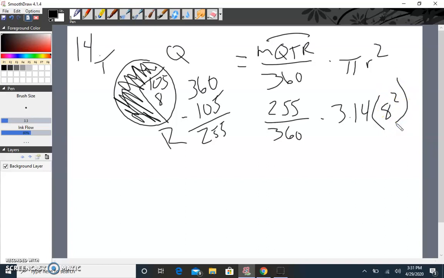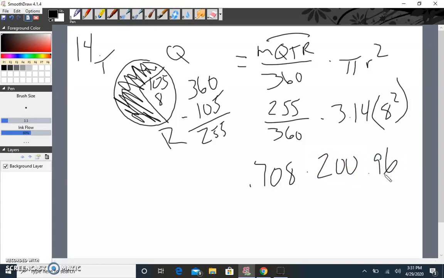Okay, so 255 divided by 360 equals 0.708. And then multiply that times 3.14 times 64, because that is 8 squared. And that gives us 200.96.